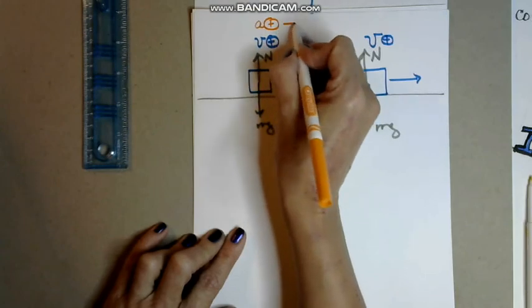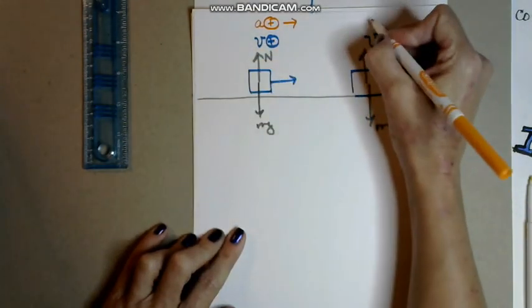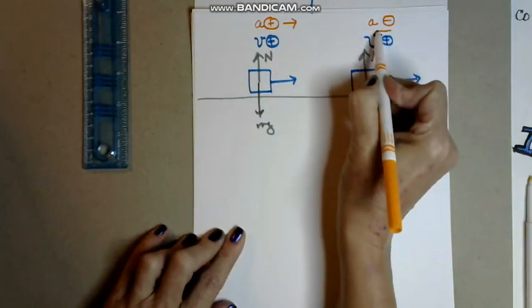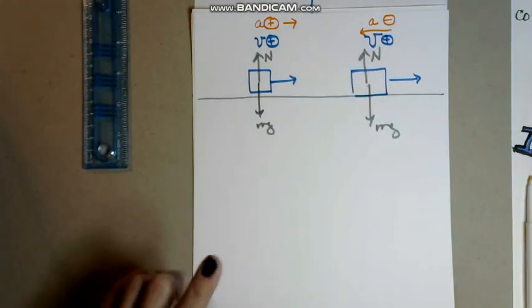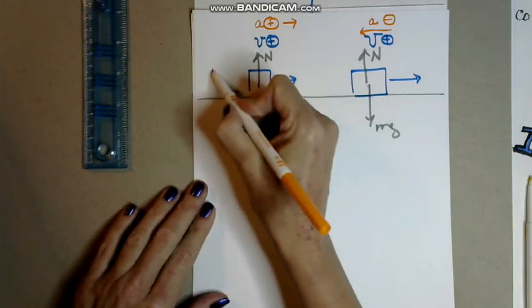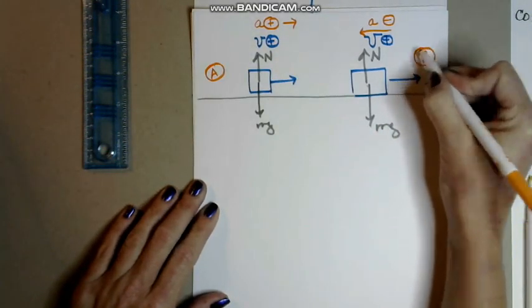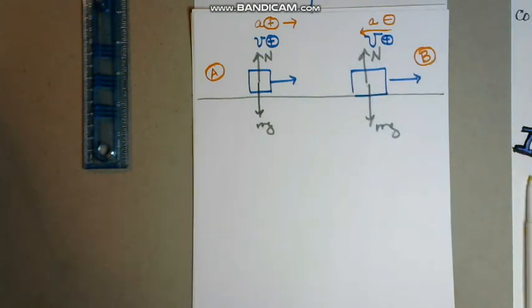That means I'm going to accelerate it this way. I'm going to give this one an acceleration in the negative direction. That means it's going to accelerate that way. All right, this is case A. This is case B. I want you to answer here the questions on your Edpuzzle.